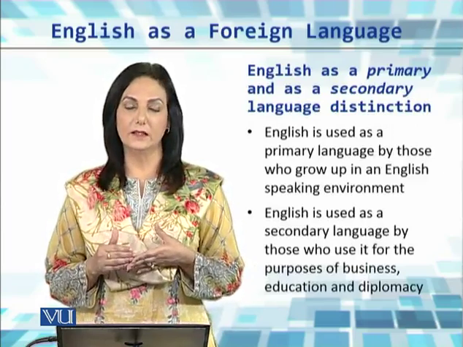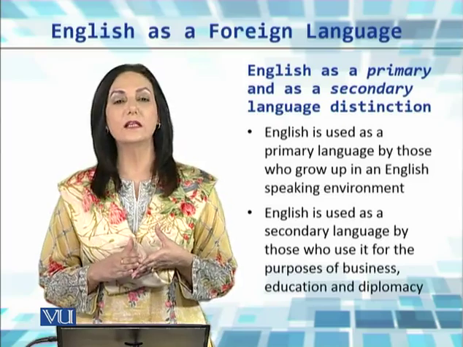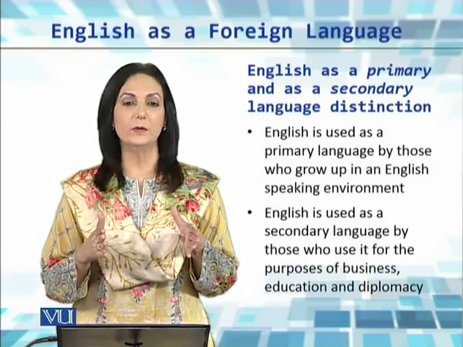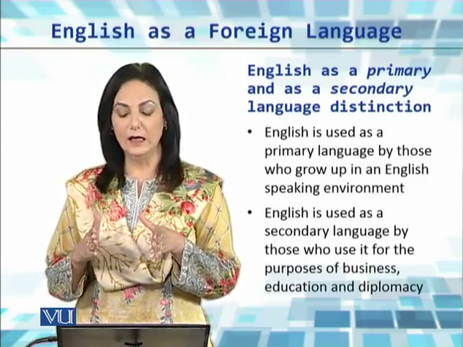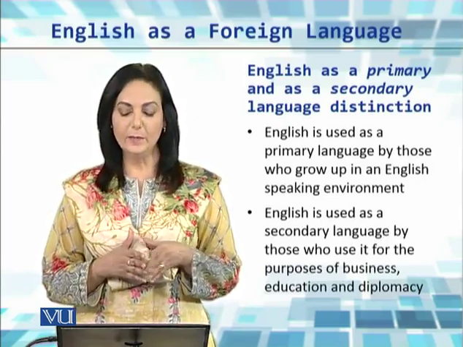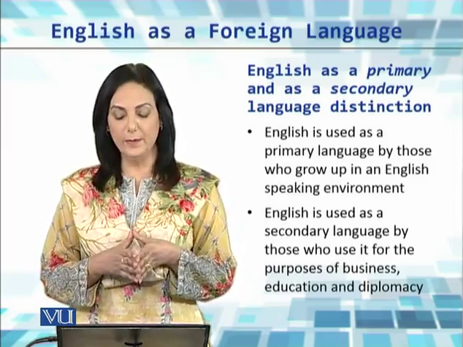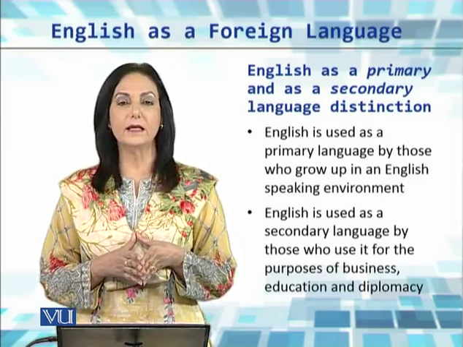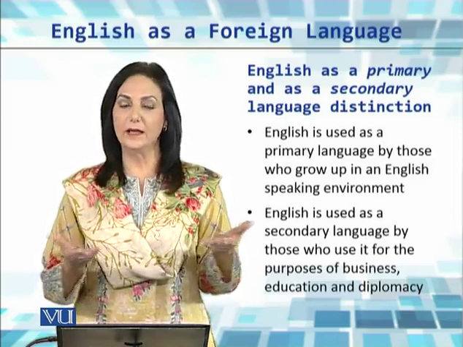Other than these distinctions, Stevens has made another sophisticated distinction between English as a foreign language and English as a second language. He distinguishes English into a primary and a secondary language. English is used as a primary language again by native speakers.